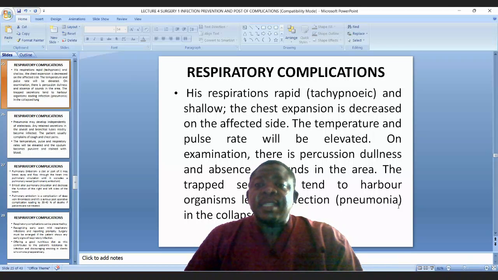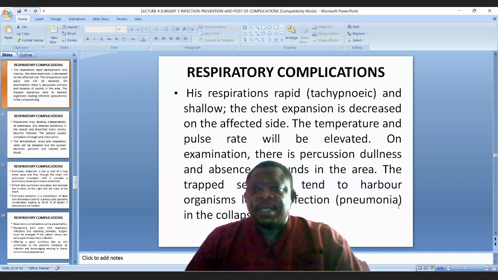Then the chest expansion is decreased on the affected side. The temperature and pulse rate will be elevated. Then on examination, there is a dull sound on percussion of the chest, and then absence of sounds in the area where there is atelectasis or lung collapse.